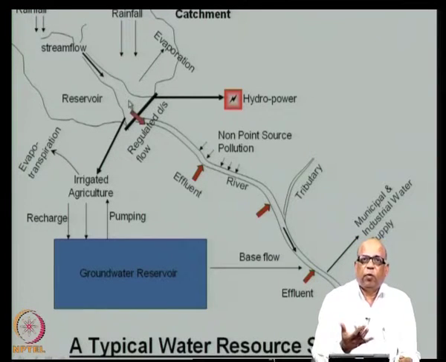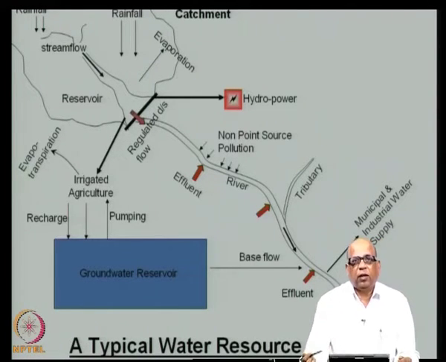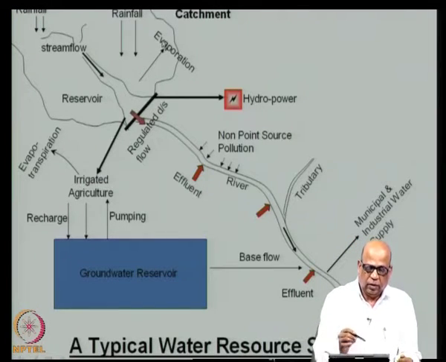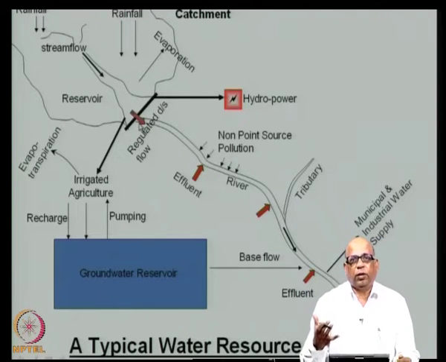Because the surface area increases, the evaporation losses will start increasing. You are spreading the water and therefore the evaporation increases. So, you need to account for evaporation, and then from the stream flow you also have infiltration and seepage taking place. These are the losses from the storage.